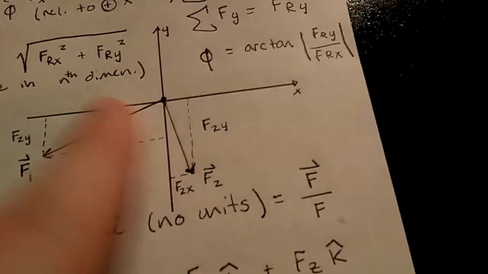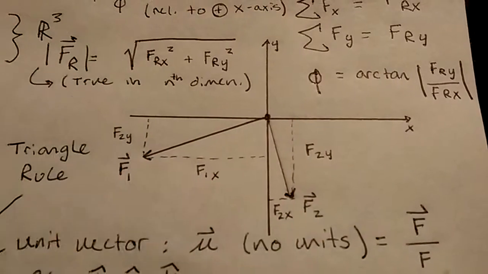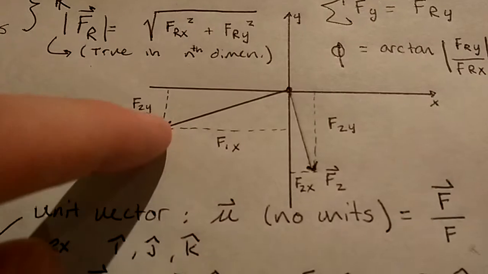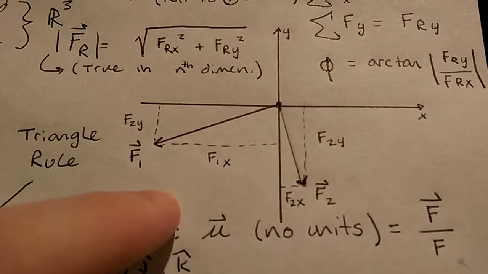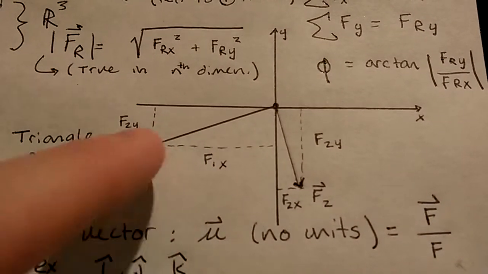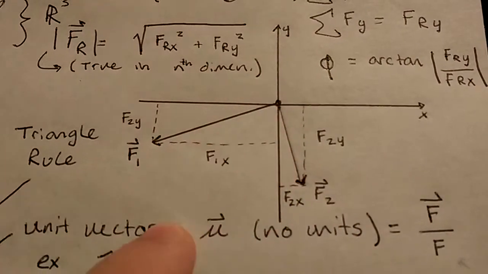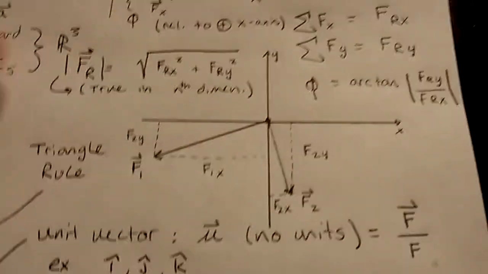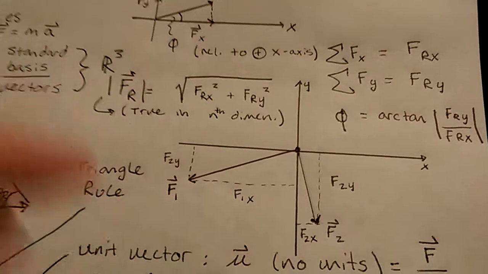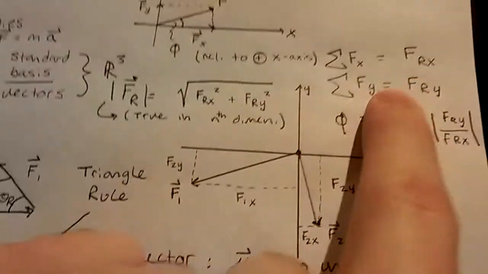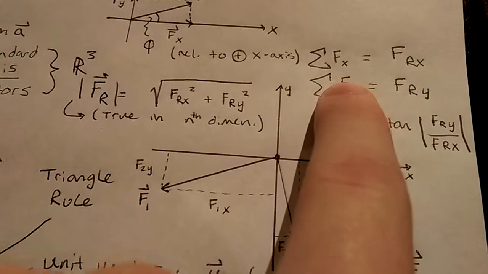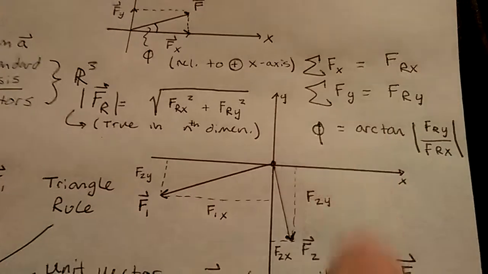Either way, we can break it down into its respective components, and then you could geometrically say, okay, let me draw F2y parallel over here and a line over here and come up with the resultant. And that's perfect. That's what you should do geometrically on paper. But in terms of math, you can find the resultant's x component by summing the forces along the x-axis, or the components along the x-axis.